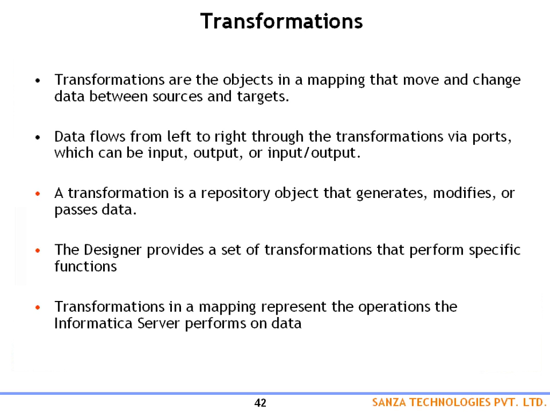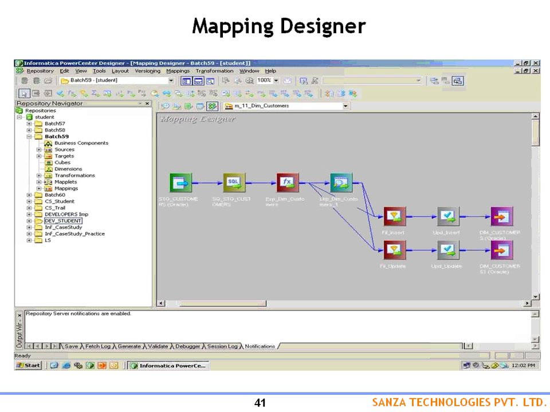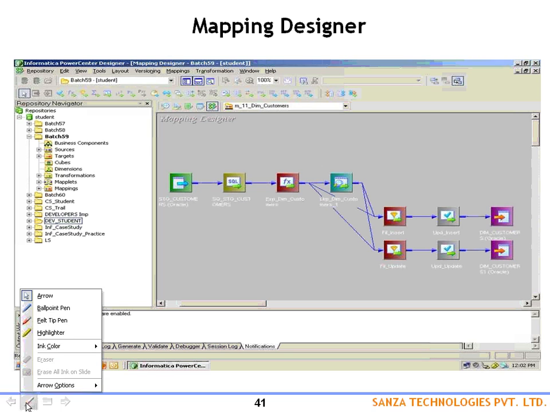Before we go to the mapping, we will discuss the transformations. Transformations are nothing but objects in a mapping, used to transform the data, to modify the data, to change the data between the source and the target. For that purpose, we use transformations. Here, data moves from the source to the target. In between, you have these transformations.